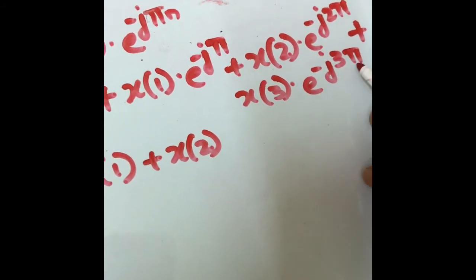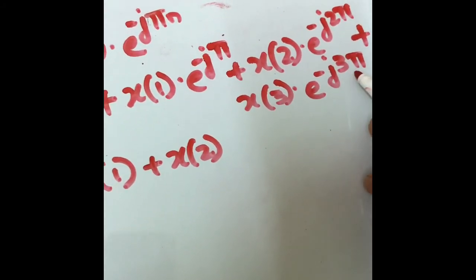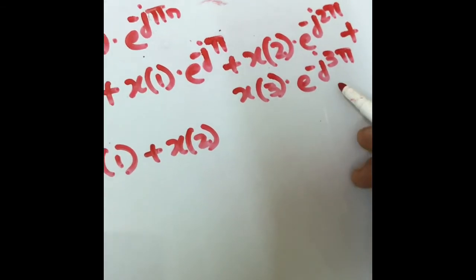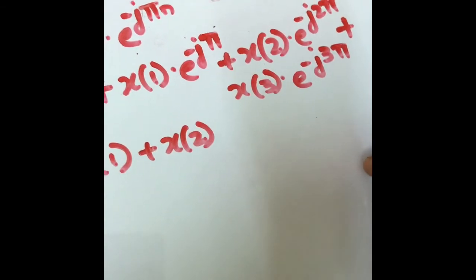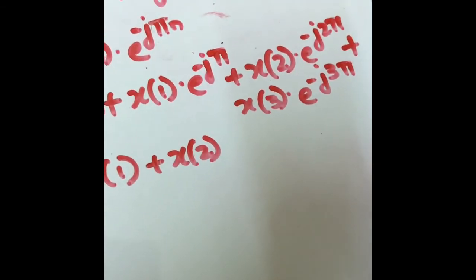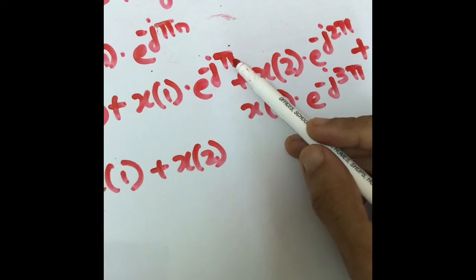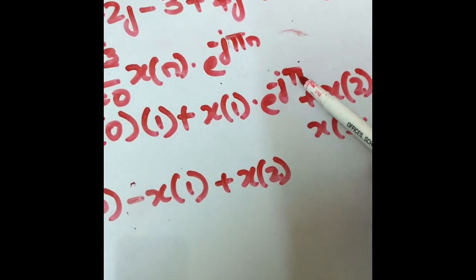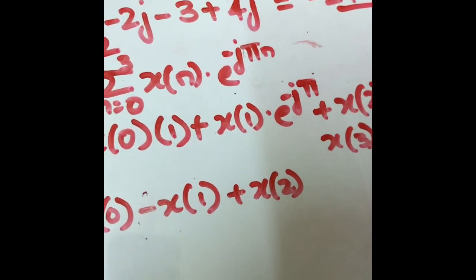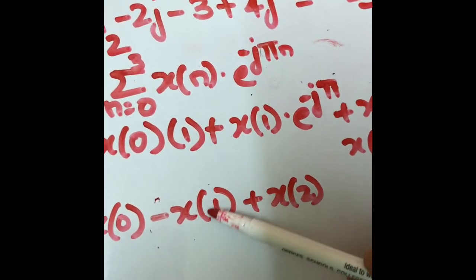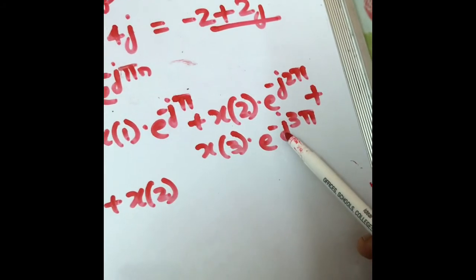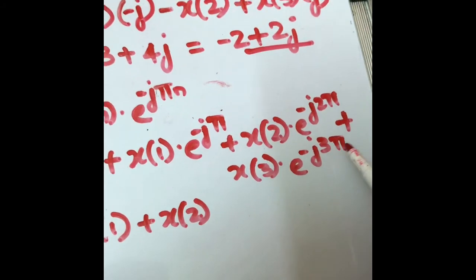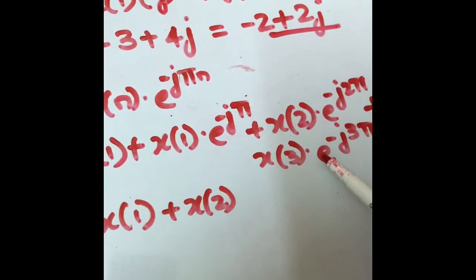Now again this is an odd multiple of pi. For an odd integer multiple of pi, the value will be minus 1, and for an even integer multiple of pi, the value will be plus 1. So whether it is plus j pi or minus j pi, the value will be minus 1, and for e raised to either plus j 3 pi or minus j 3 pi, the value again will be minus 1.